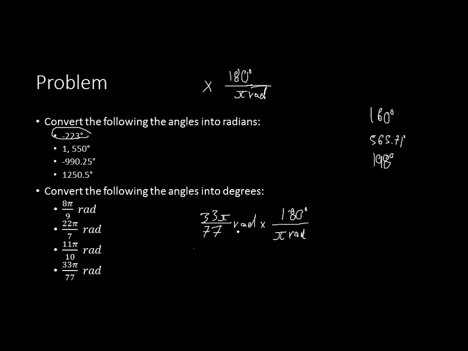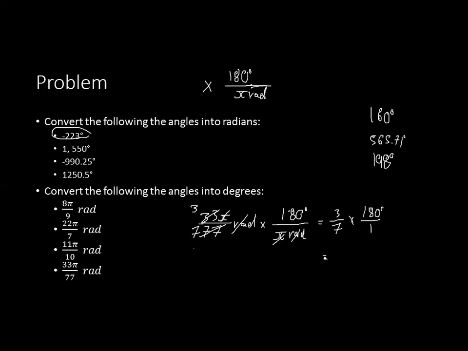Let's simplify this one. So obviously, the radians will be cancelled. Pi's will be cancelled. You see, we have 33 and 77. Both of them are divisible by 11. 33 divided by 11 is 3. And 77 divided by 11 is 7. So you have 3 all over 7 times 180 degrees all over 1.